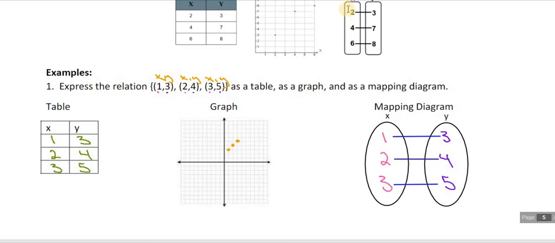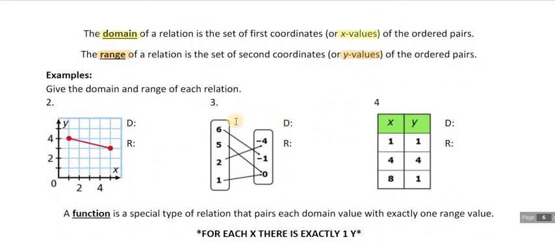Now notice these first 2 mapping diagrams are in order from smallest to largest in X and Y's. In 3, for some reason, the X's are going from largest to smallest, and the Y's are going smallest to largest. I prefer small to big, but this problem is the way it is.